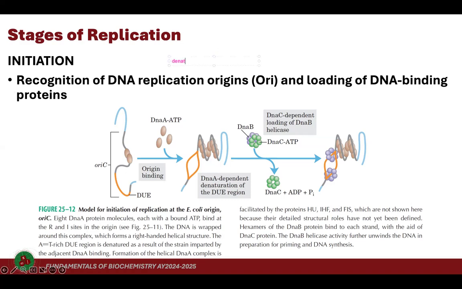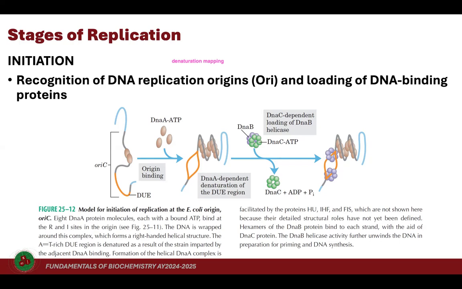There's a short description of this experiment in Lehninger, denaturation mapping. And they found out that these origins or ori in prokaryotic DNA are rich in adenine and thymine nitrogenous bases, or AT rich.